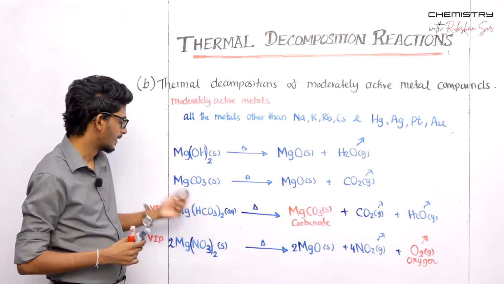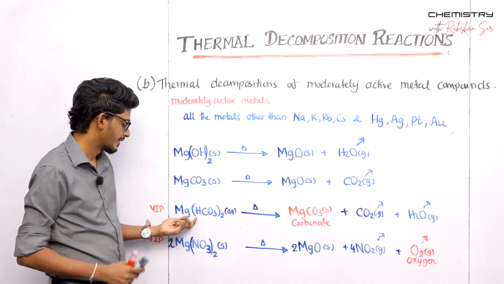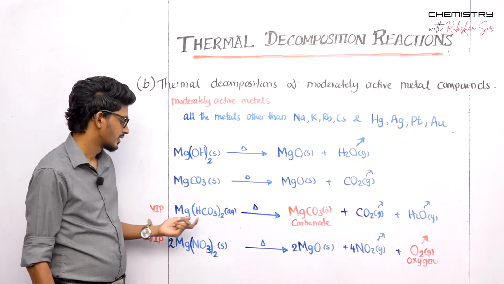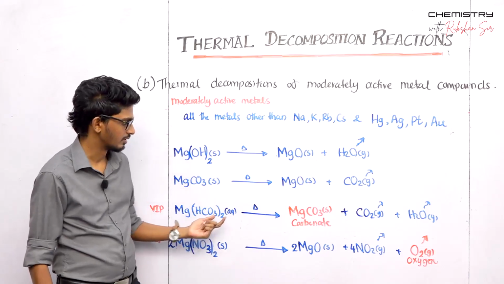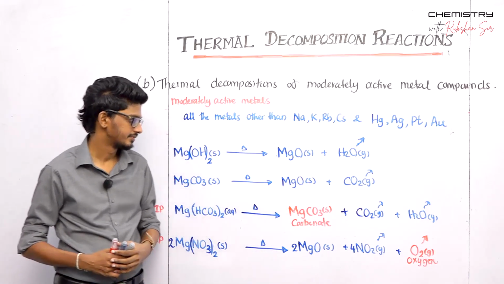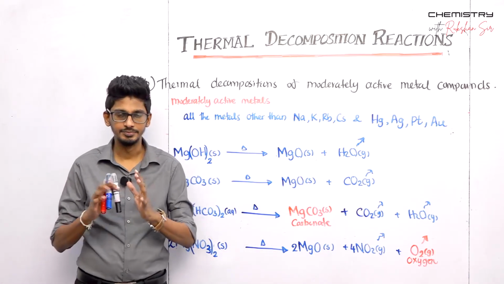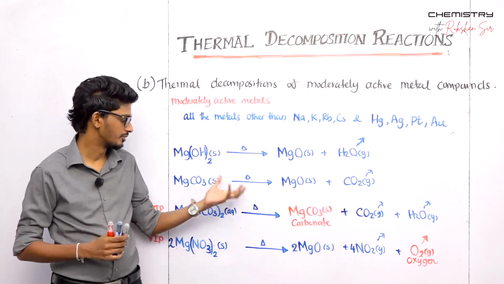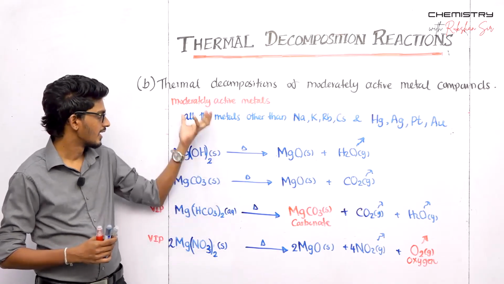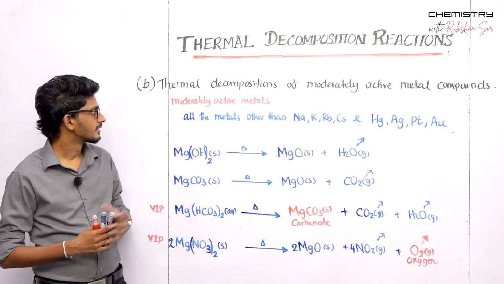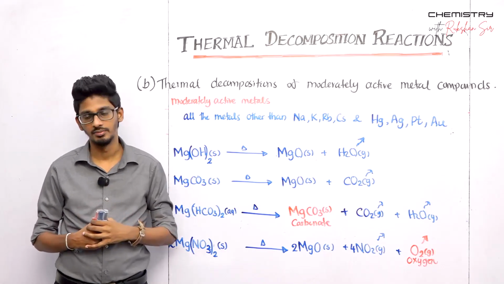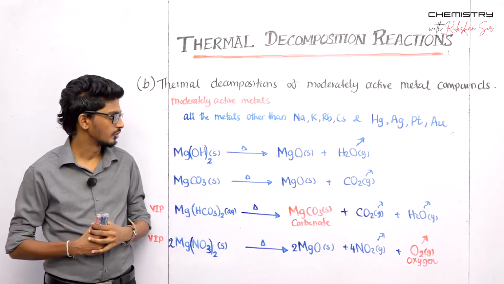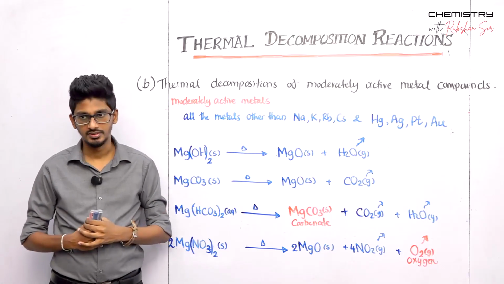But with the bicarbonate of the moderately active metals, the metal oxide is not formed as the first product. It will be the metal carbonate. Those are the 2 different things you can observe in the thermal decomposition of moderately active metal compounds, right?